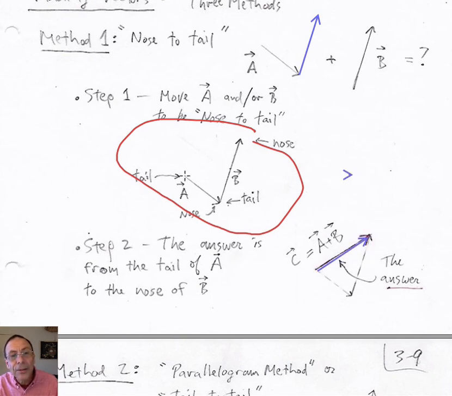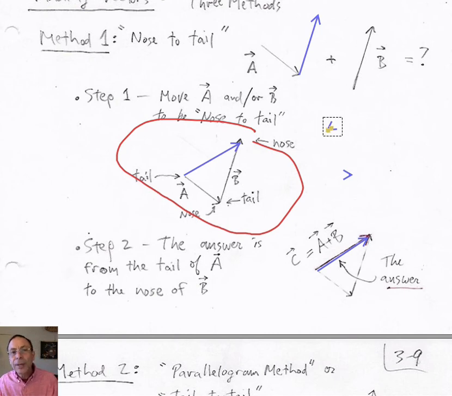I could show you right here. So here I'm drawing the answer. It's from the tail of A to the nose of B. There you go. That's the answer. So that's the first method for adding two vectors together.